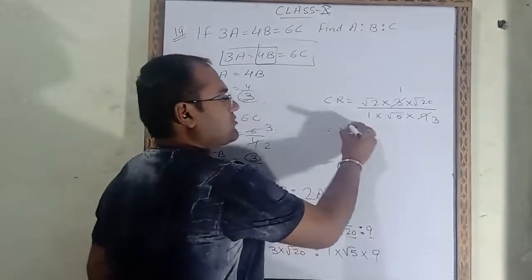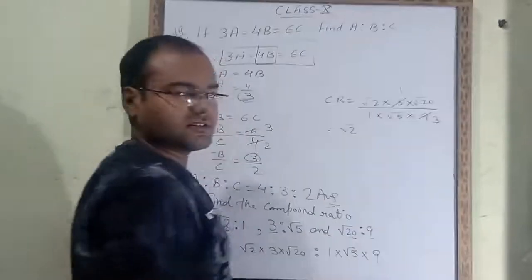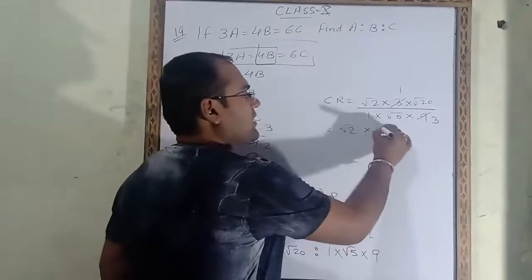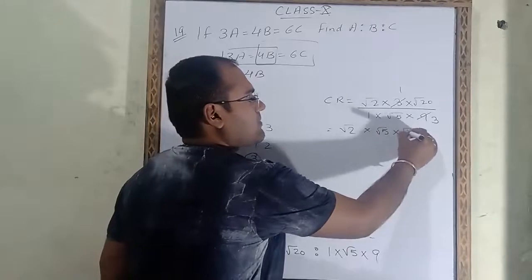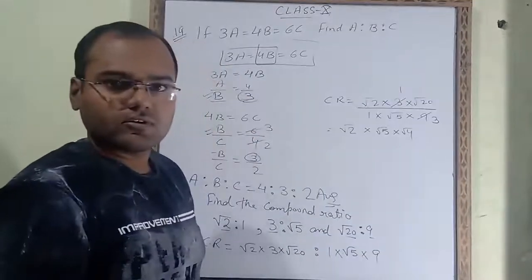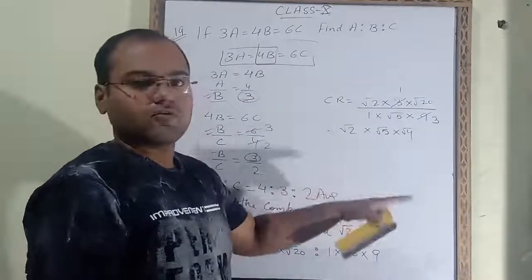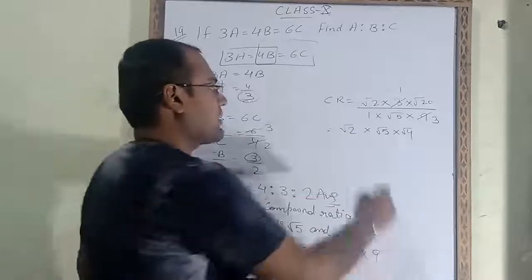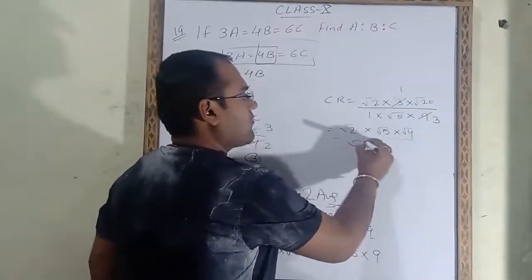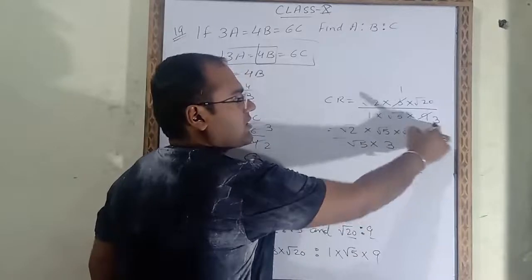Now the next step: root 20 will be as it is. Root 20 we can write as root 5 multiplied by root 4. Root 5 multiplied by root 4 will be root 20 only, upon root 5 into 3.